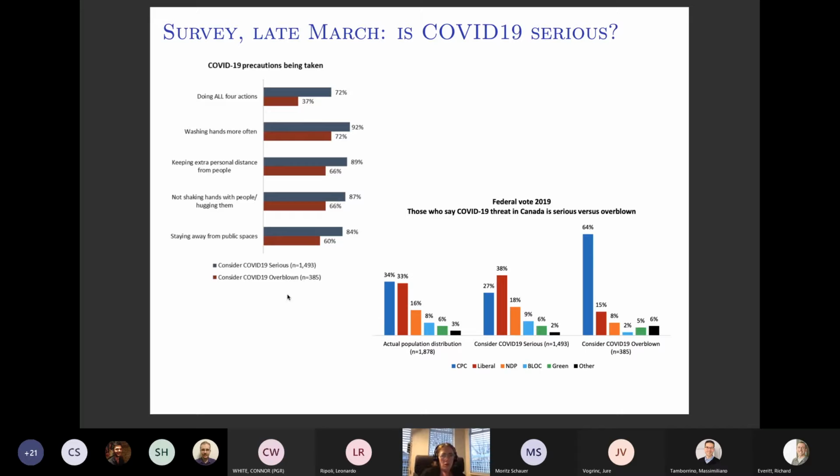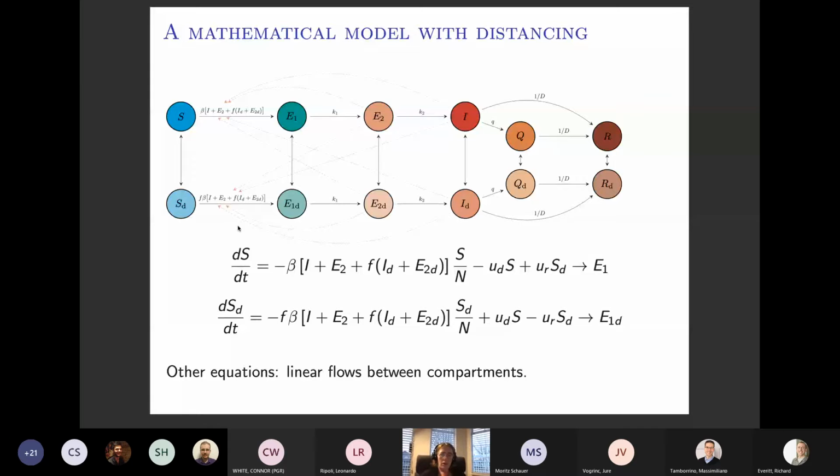And this was in March. So about 385 over 1,500, whatever that is, some portion of the population did not think COVID was that serious, and they weren't doing the distancing stuff as much. And so that led us to think about, what's a simple way to model social distancing and what we're doing.